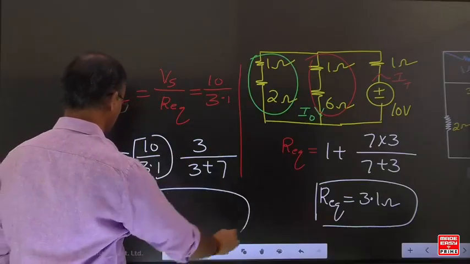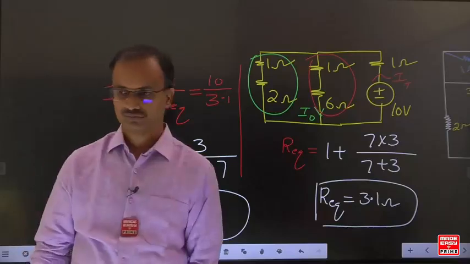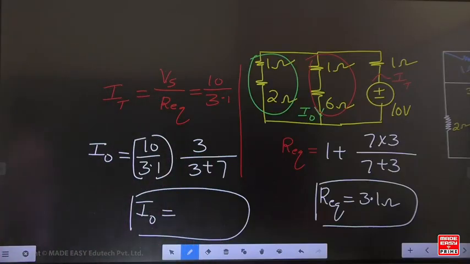Simplify, and by simplifying can you find out the I naught value?